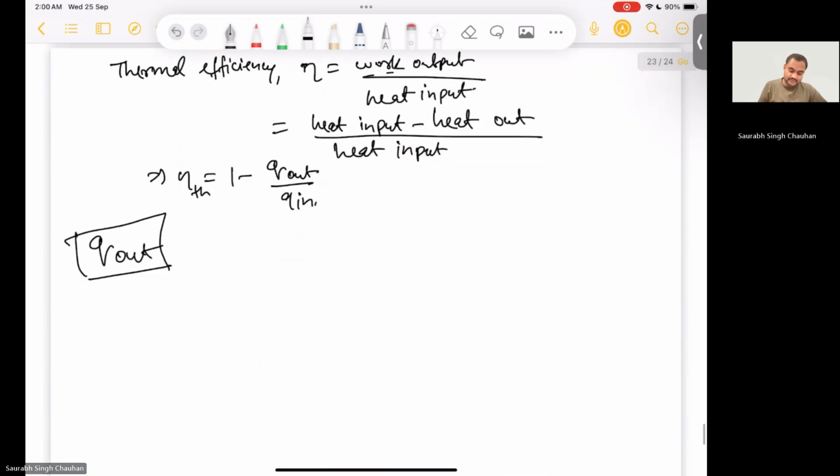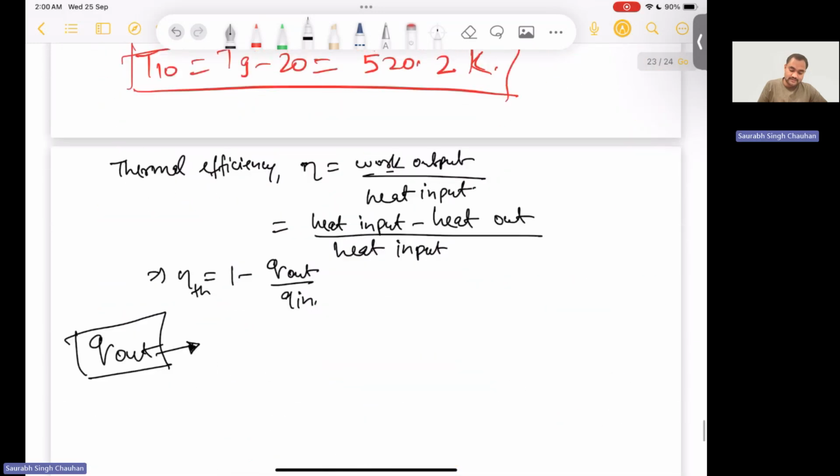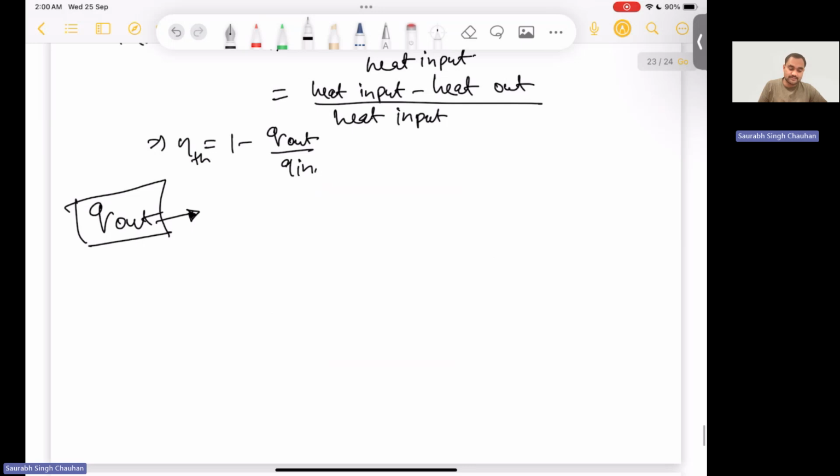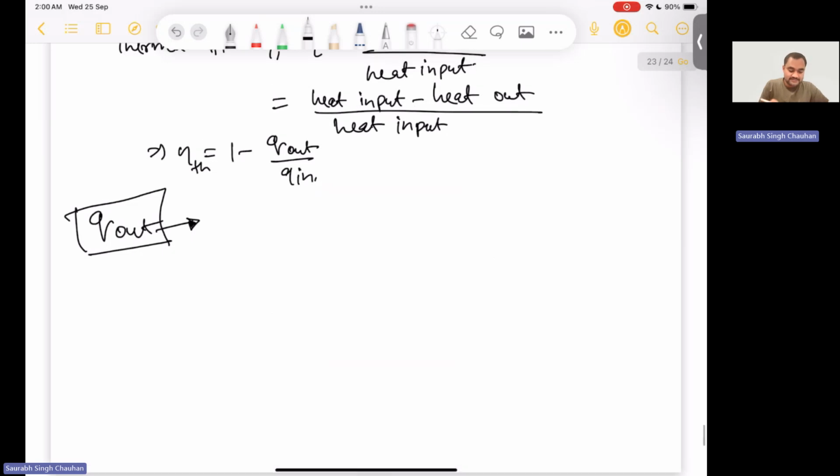Okay. So Q out, if this was an open cycle, then the gases will be thrown into the environment. Otherwise, somehow you will have to bring the system back to the original condition. So one is 10 to 1, and another one is 2 to 3. Q out has two components. So 2 to 3 is basically the intercooler.